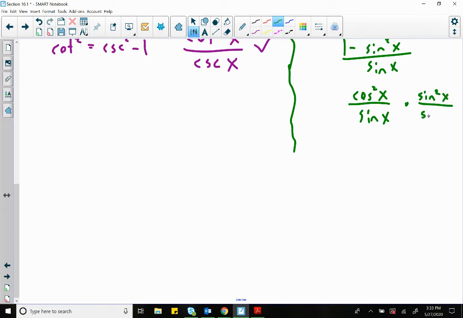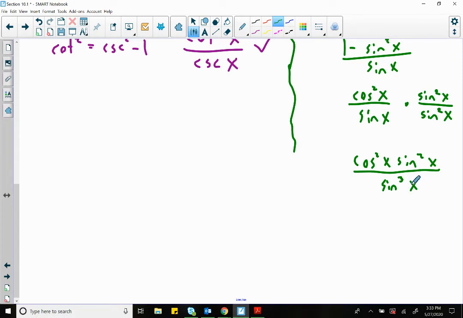I know this seems weird, but there's a method to my madness. So that gives me cosine squared x sine squared x. I have to force this in. You'll see why in a second. And then the bottom, I have sine cubed x. Now, if I separate this, this is what it's going to look like.